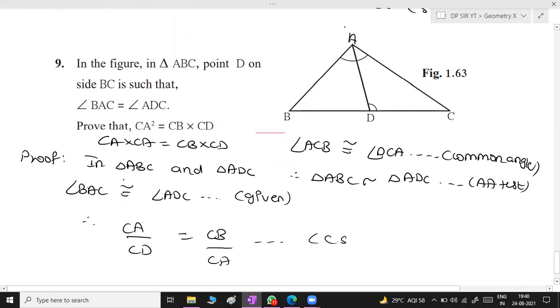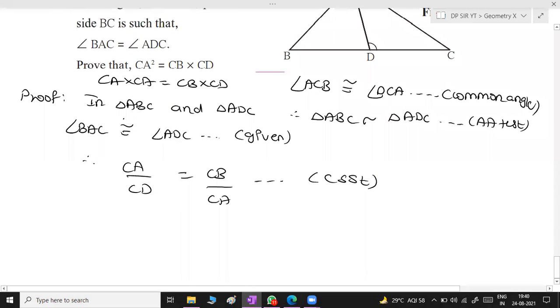This is my CSST, corresponding sides of similar triangles. And now do the cross multiplication. You are going to get CA into CA is equal to CB into CD. CA square is equal to CB into CD and hence proved.